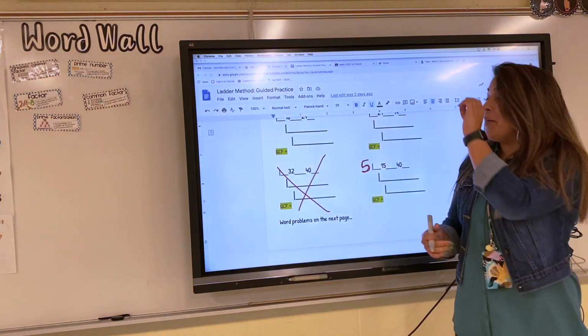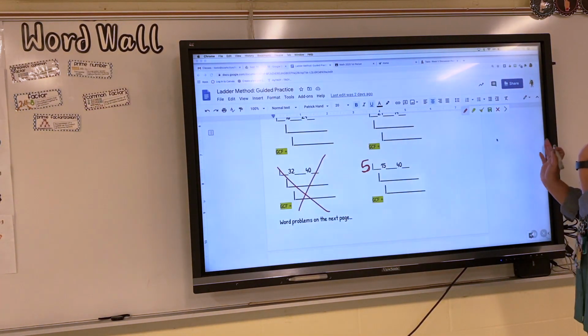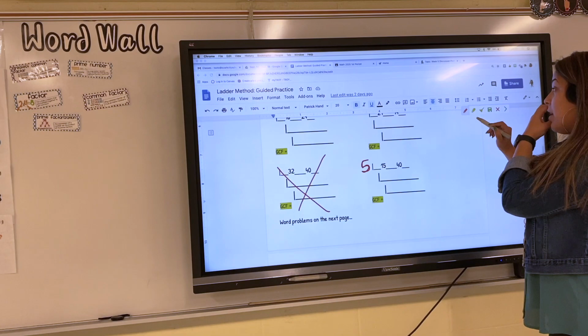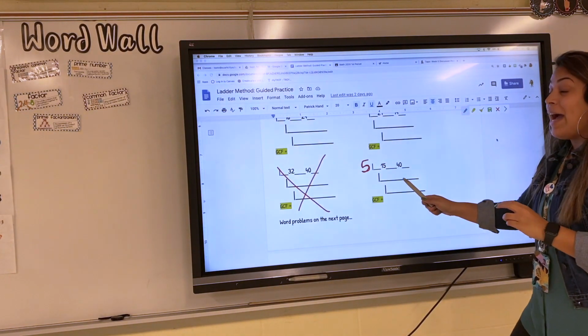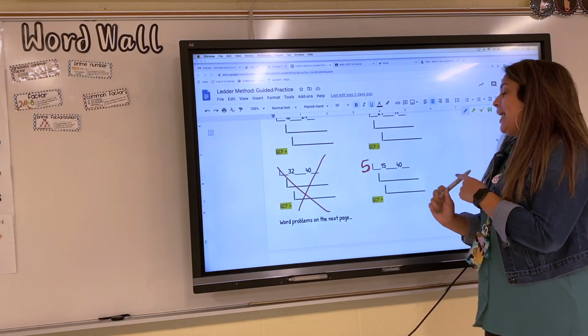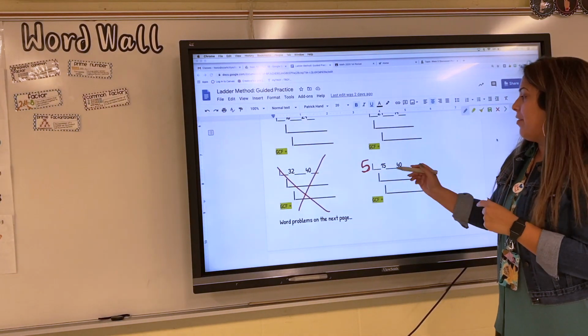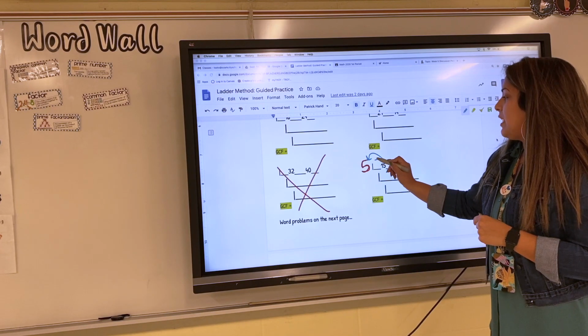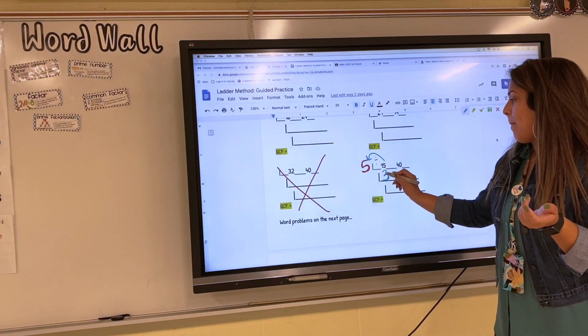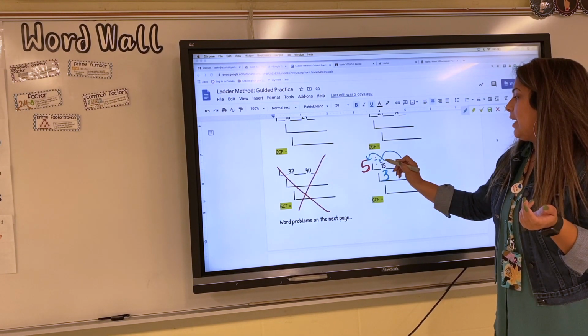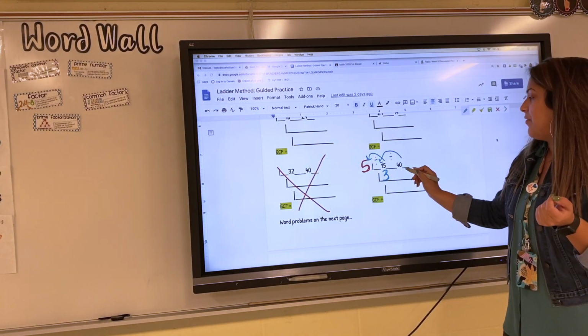Okay, I think it's been a minute. So, if you did this by yourself, which is what I wanted y'all to do, you should have divided both of these numbers by 5. So, 15 divided by 5 gives me 3. And then 40 divided by 5 gives me 8.